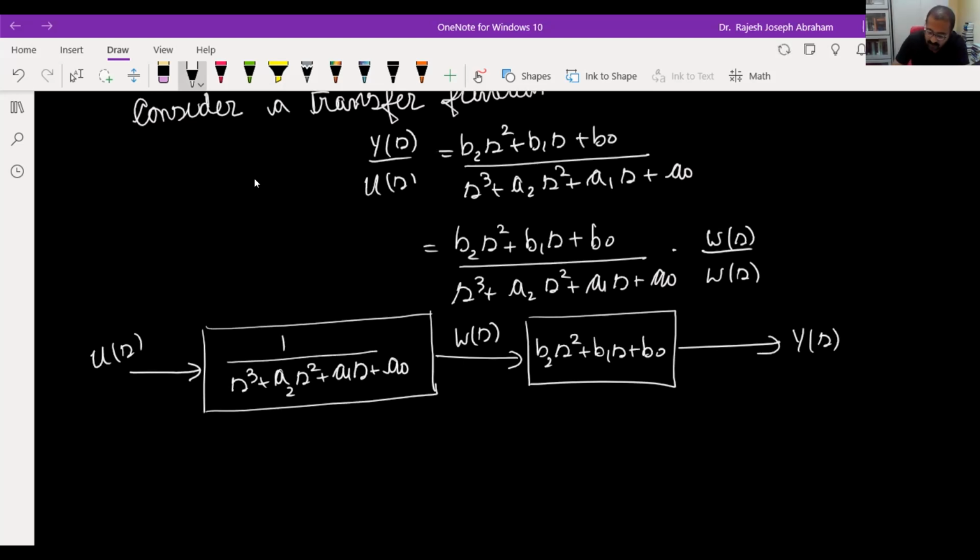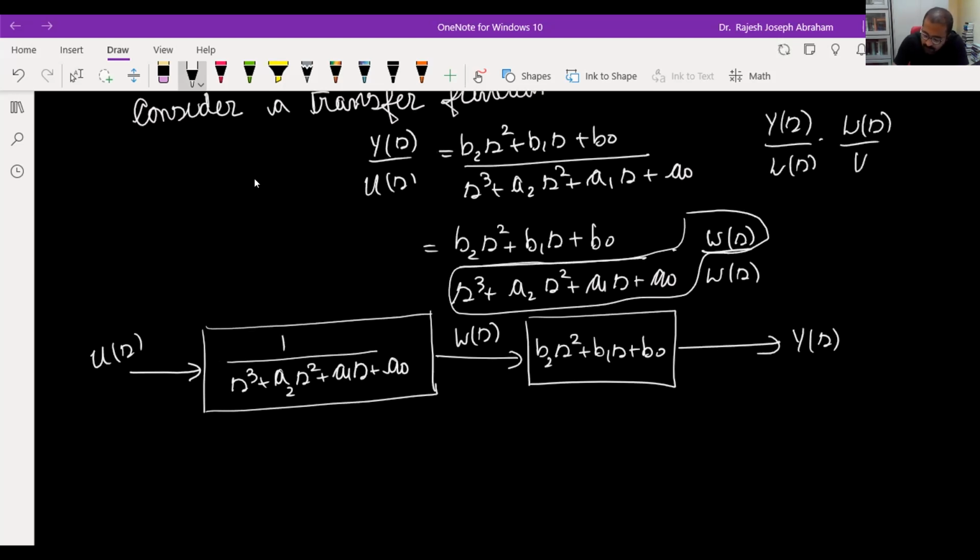So I am first taking this term. This is my Y of s, right? So I can write this as Y of s by W of s into W of s by U of s. This will get cancelled, it will remain the same. There is no change at all. So I'm just rearranging it, that's all.